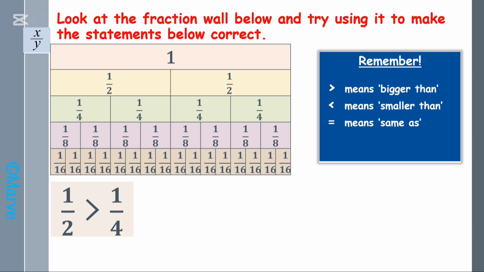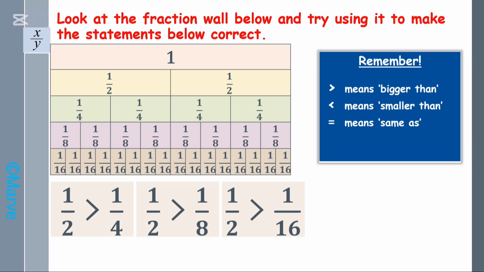So it's not about the number below. 1/2 is also bigger than 1/8, bigger than 2/8, and bigger than 1/16. Also bigger than 2/16, 3/16, 4/16, and you could count as many 16ths that would be equivalent to 1/2.